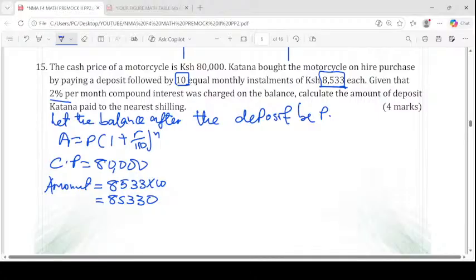But now there is also a certain deposit. We've said we don't have the deposit, but let me use the term balance. After making the deposit, you have the balance that is to be paid. Let the balance be P.